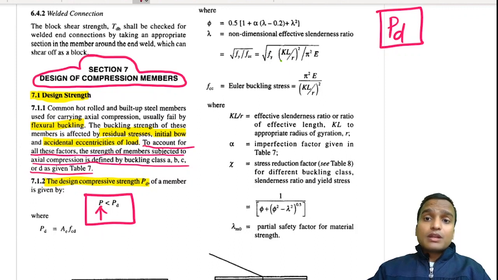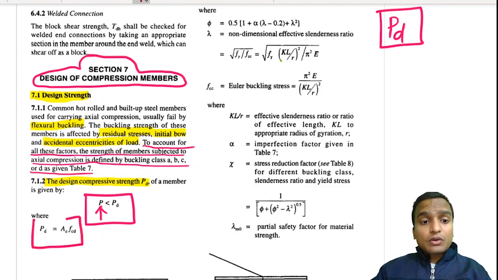Now this PD will be equal to the area of the cross section, or the effective area of the cross section, multiplied by the design compressive stress FCD, okay.